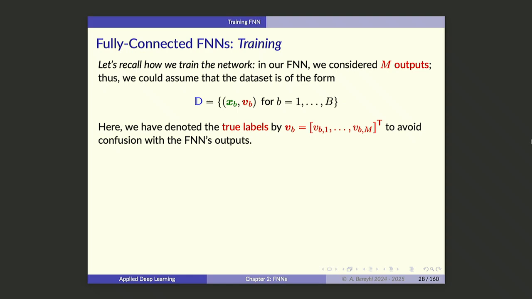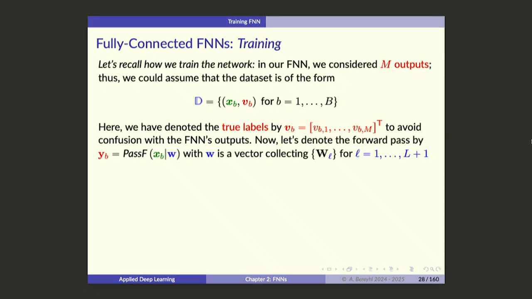So what I do know is that when x goes inside my neural network, I do expect to see v at the output. But what's going to happen if I do a forward pass? If you pass it forward in your neural network, x is going to get multiplied and activated over and over, and at the very end it's going to give you y, which is not necessarily the same thing as the v that you have.